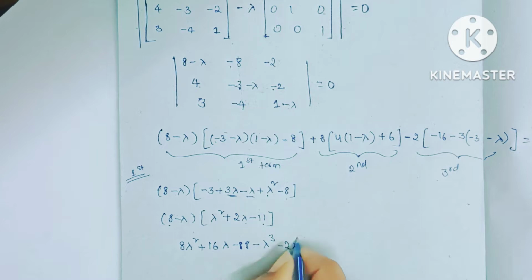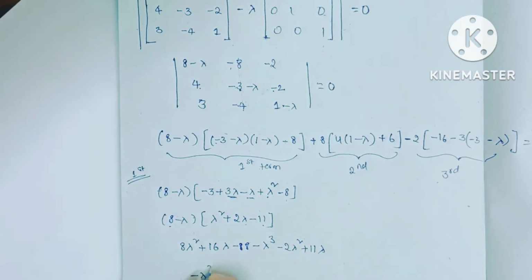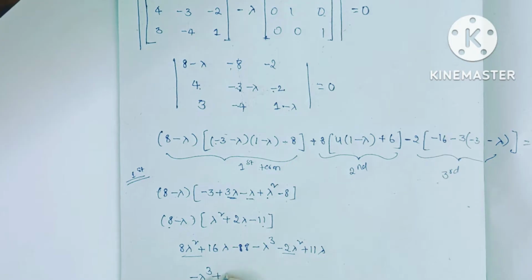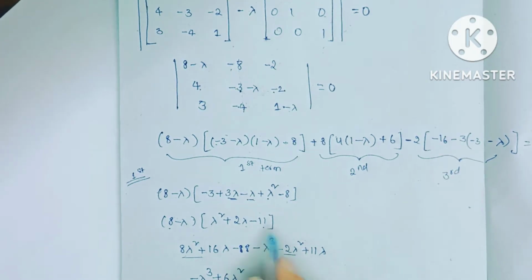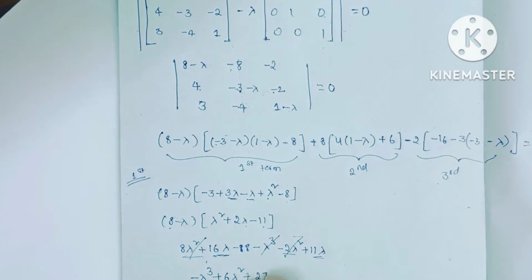So if you simplify this, we will get minus lambda cube plus 6 lambda square, plus 27 lambda minus 88, which is equal to 0.